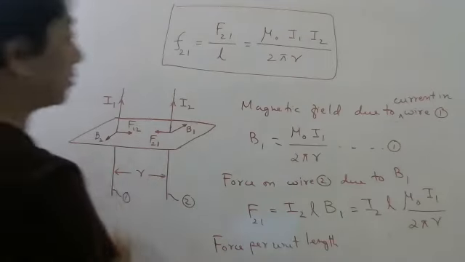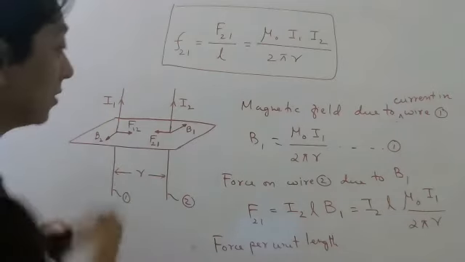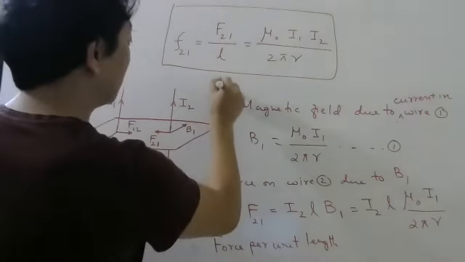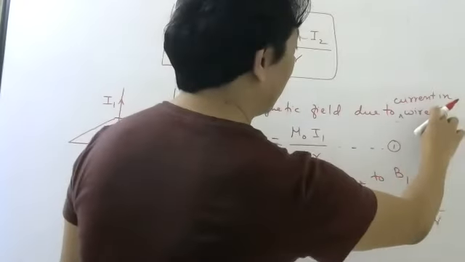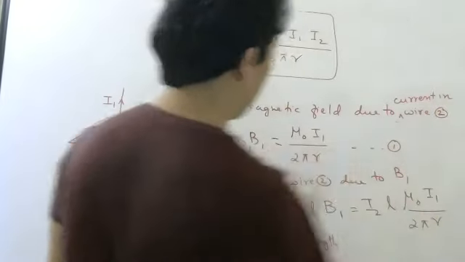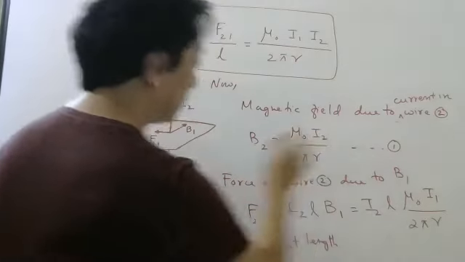Okay, so this is the force per unit length. Now you have to repeat for the other one. Okay, so that is very simple. Now you have to just change the symbols. Magnetic field due to current in wire 2 will be B2. This will be I2.